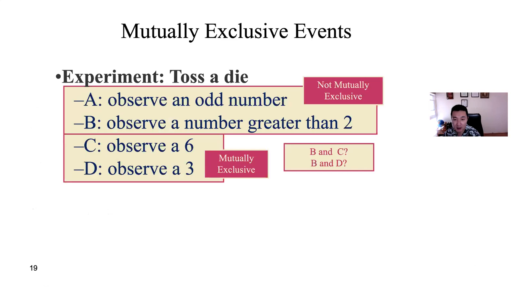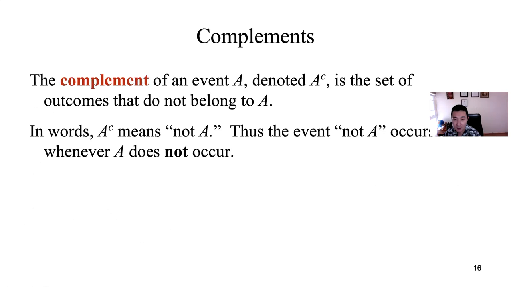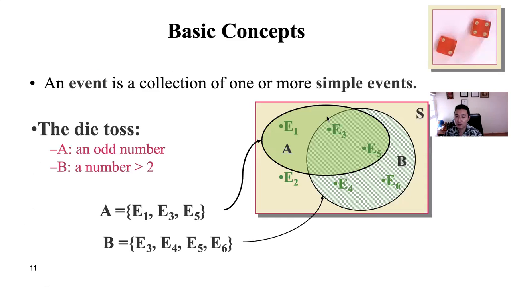It is very clear if you see from here. So again, what is A or B? A or B includes everything within the areas of A and B. So that will include E1, E3, E5, E4, and E6. A and B, in other words, is the intersection between these two circles, A and B. So that's E3 and E5.